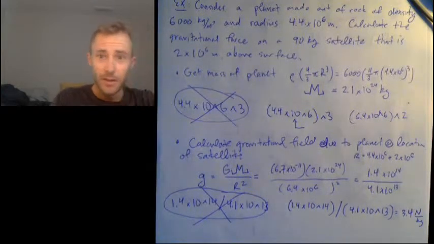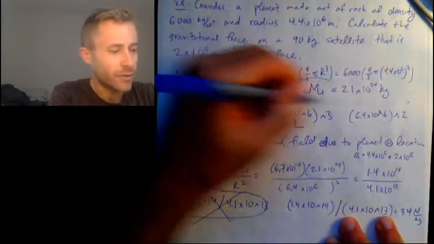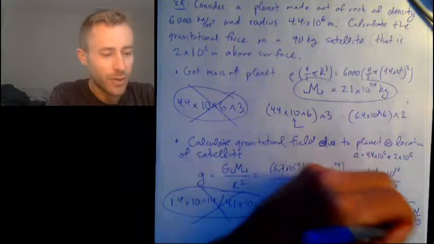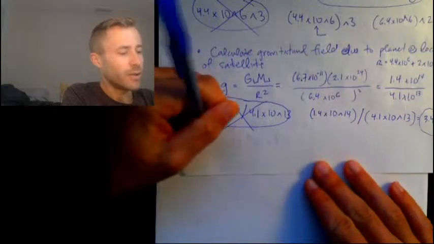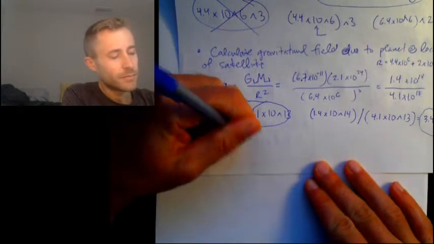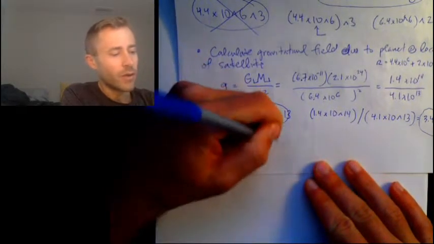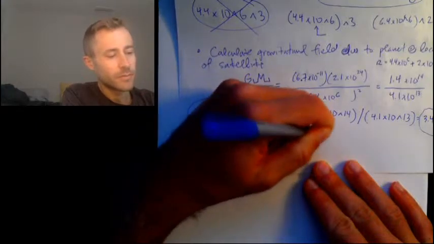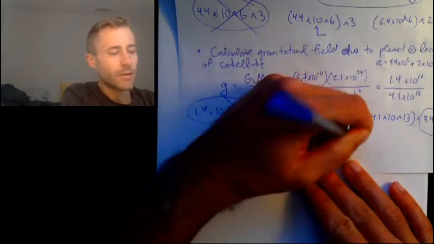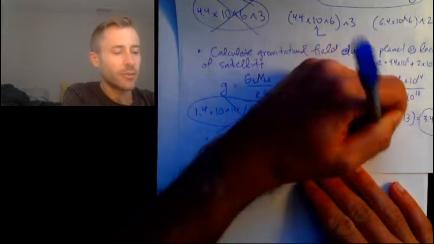All right? So we got the mass. Now, from that mass, we have the gravitational field. And now what we do is we calculate the gravitational force the satellite experiences.